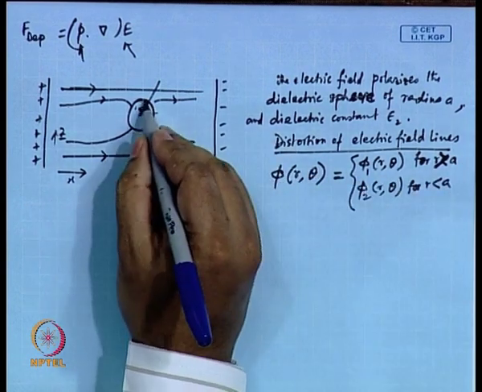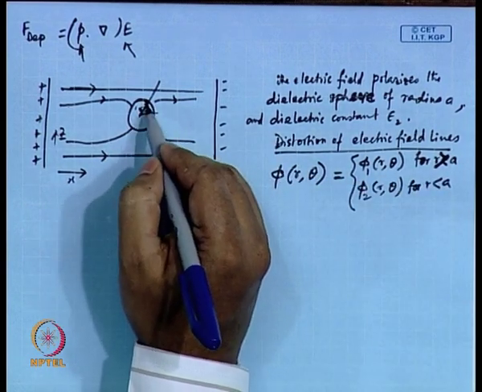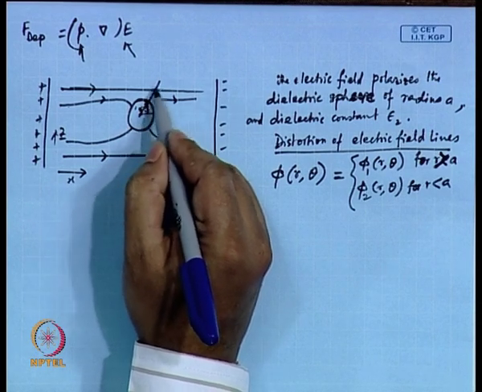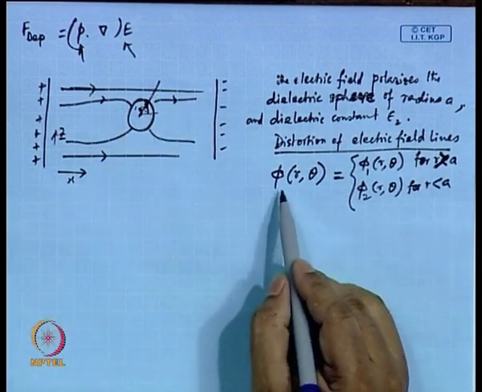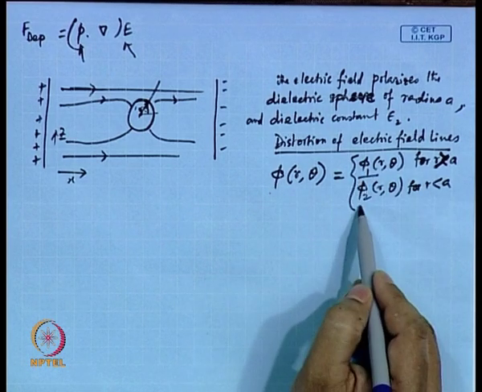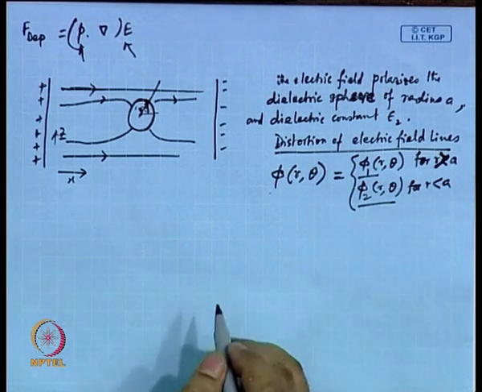What is a? A is the radius of the particle. So, you have a potential phi inside this particle, and you have a phi outside the particle. So, this is the phi r theta. You have one phi 1 function, you have one phi 2, all right.